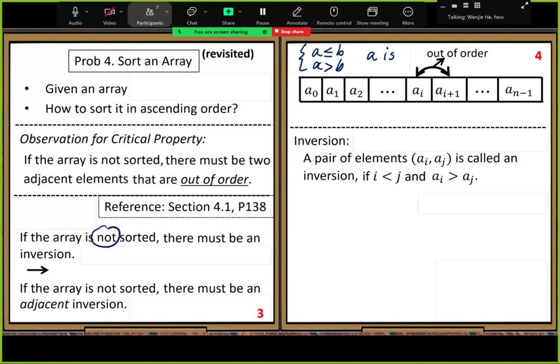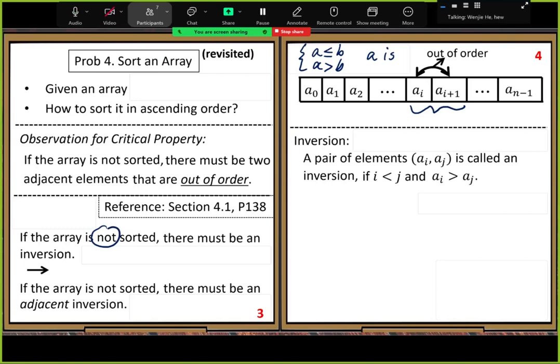That means the two elements are adjacent, like these two. These two elements are adjacent. The subscripts are two consecutive integers, i and i plus 1, so adjacent. Okay? So here the statement is, if an array is not sorted, then there must be an adjacent inversion.